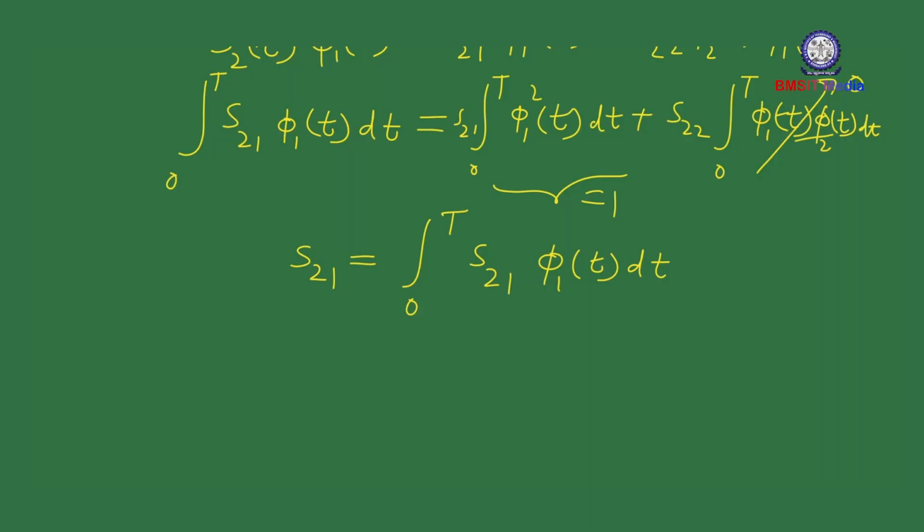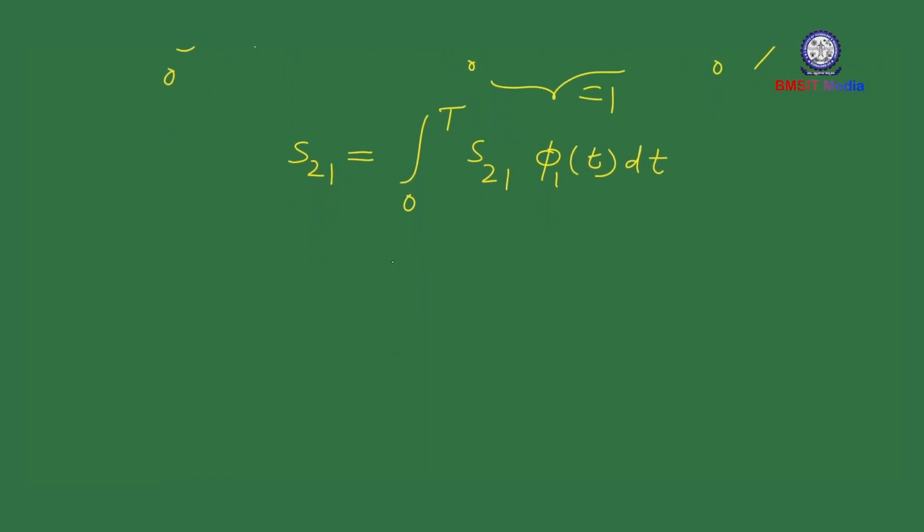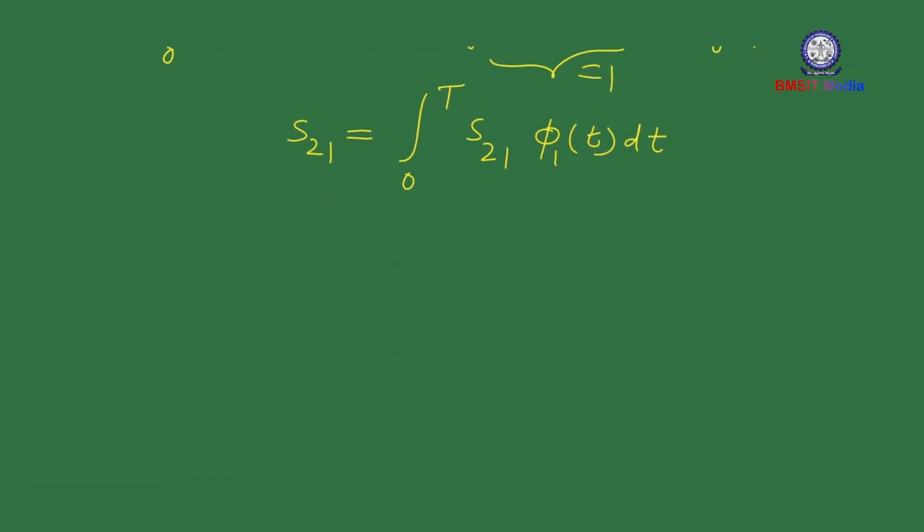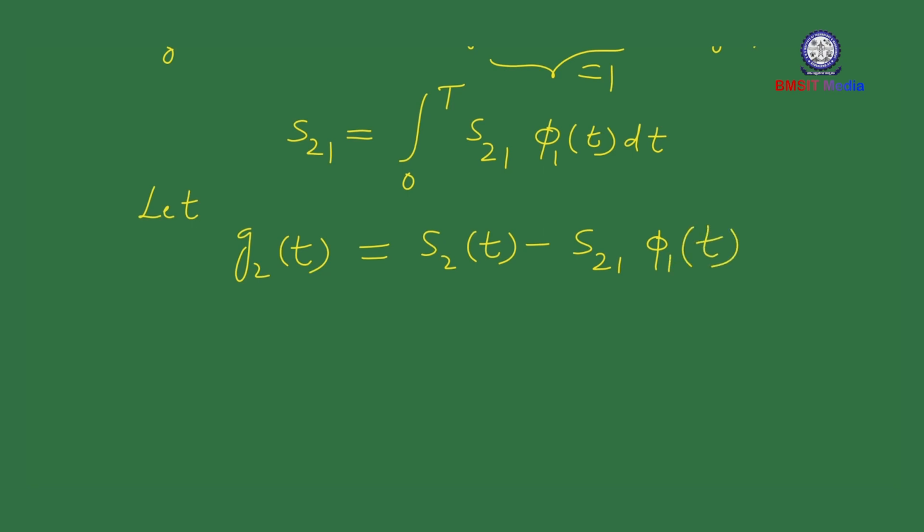Now let me set the intermediate signal as G2 of t. Let the intermediate signal G2 of t be S2 of t minus S21 phi 1 of t.